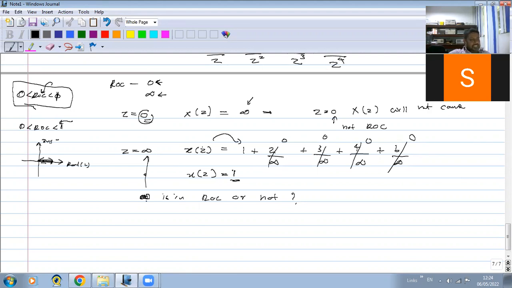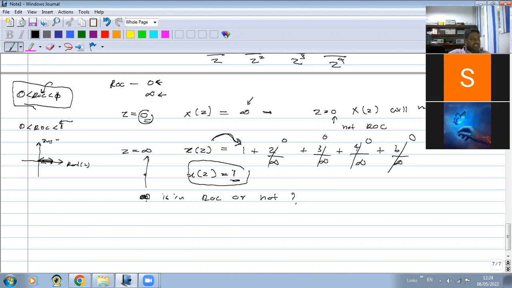If z is infinity, X(z) gets the finite value, it will get 1. So that is a finite value. So definitely this infinity should be in the ROC, in this region. So infinity will be in the ROC, but the 0 is not there.